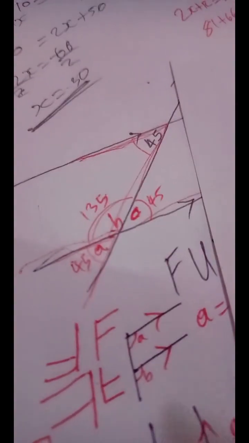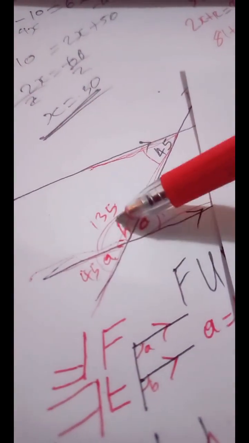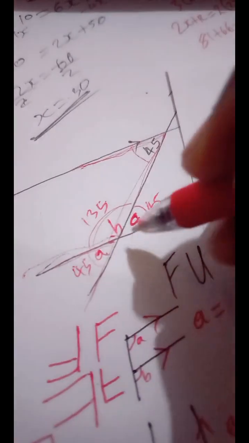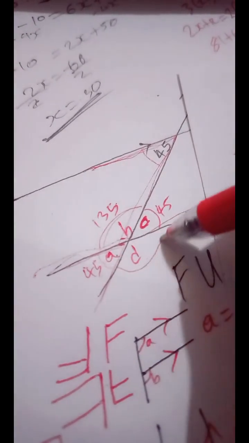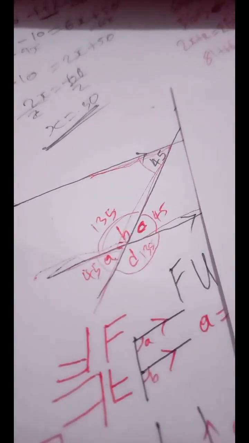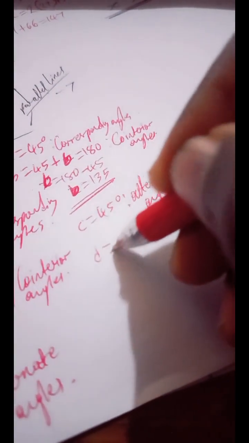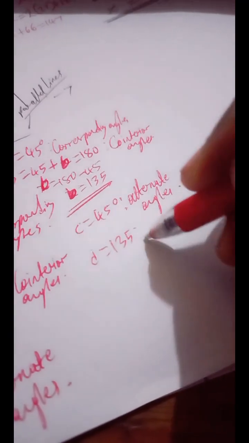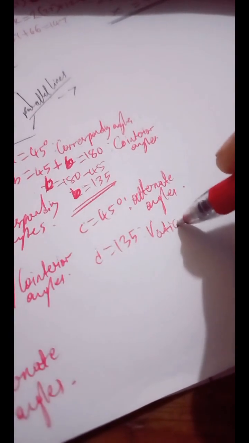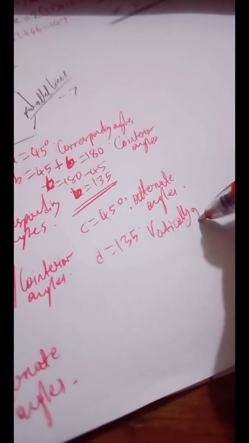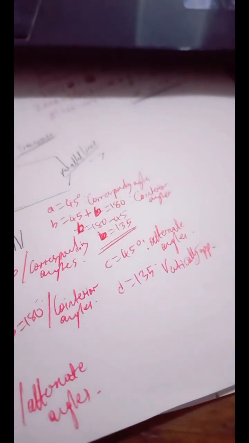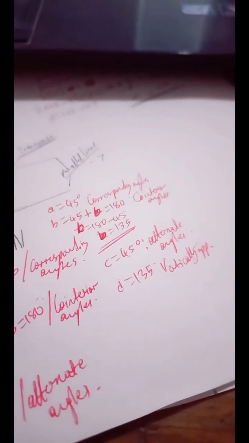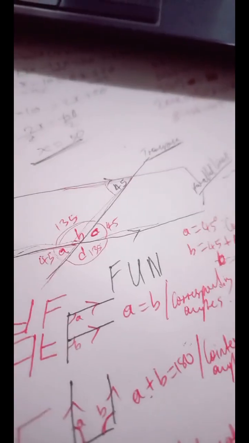So this means that even this angle is vertically opposite to B. So you can say D is equal to 135. You write it down. D equal to 135. Why 135? Vertically opposite. That is our answer, right?